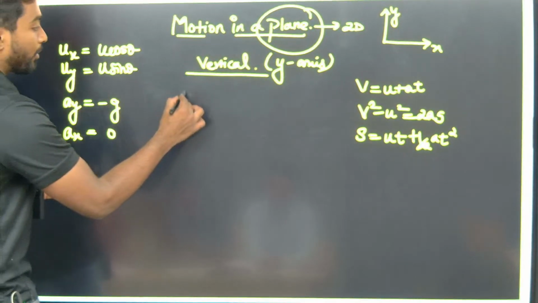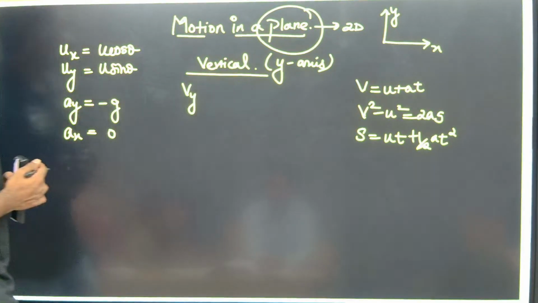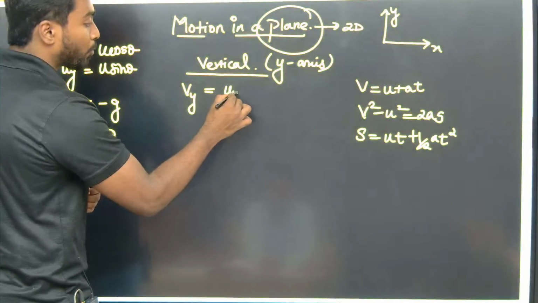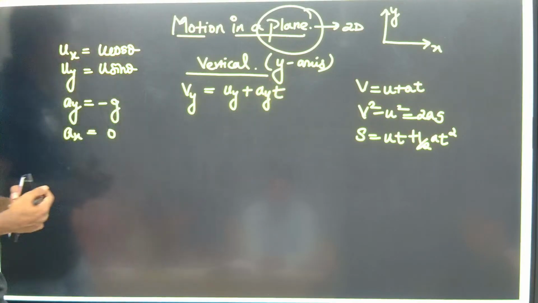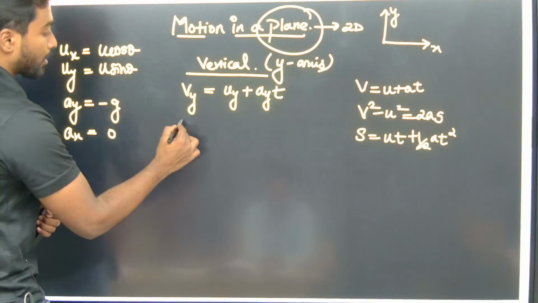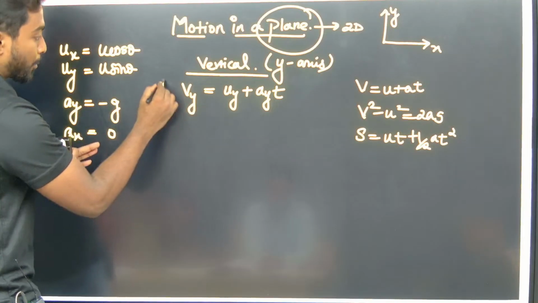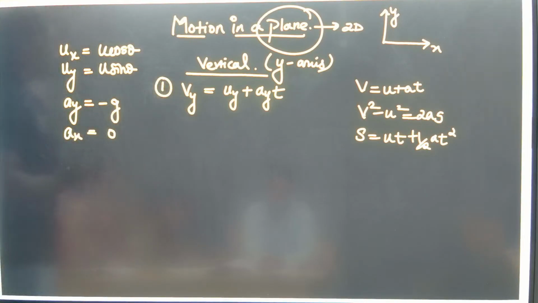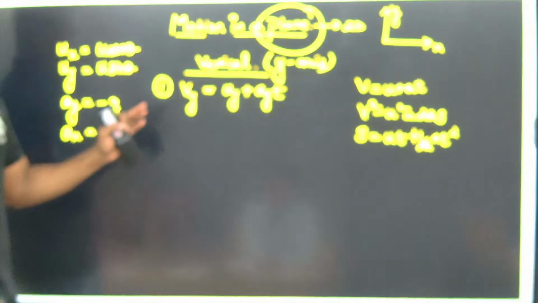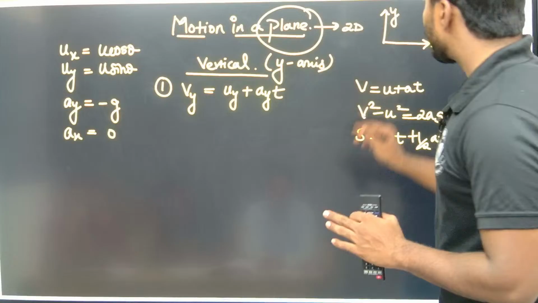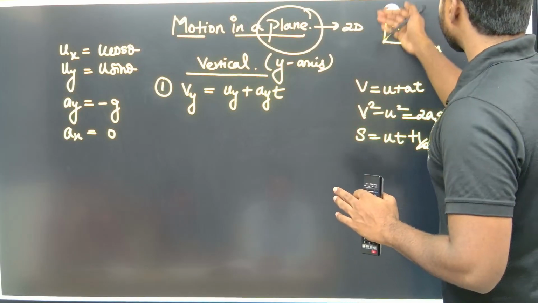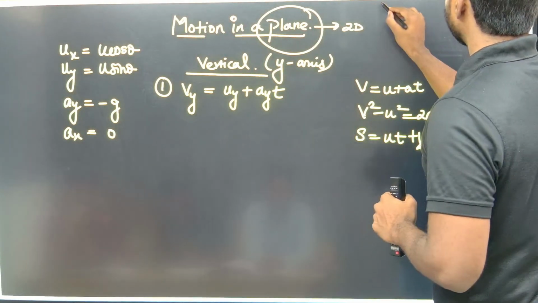So the final velocity in the y direction should be equal to the initial velocity in the y direction plus the acceleration in the y direction times time t. Next, I will take the first equation and substitute the values. Now, when I throw the object, I will take a big diagram here.